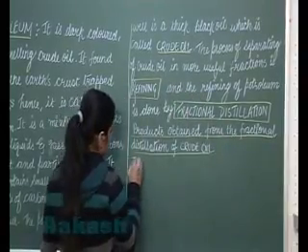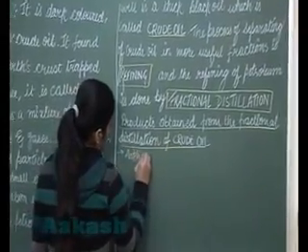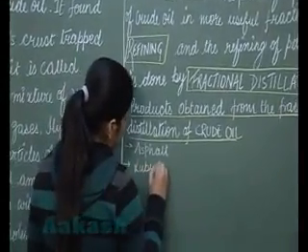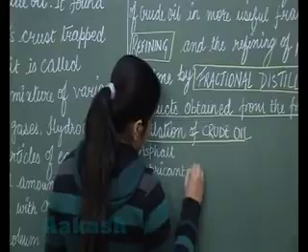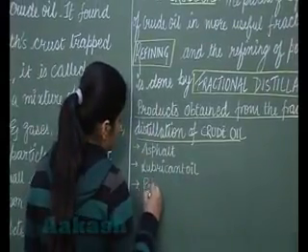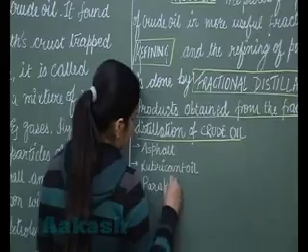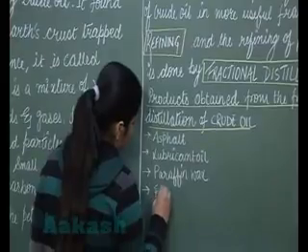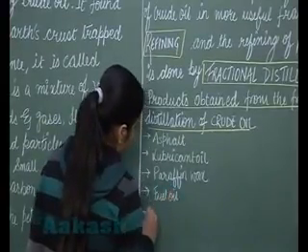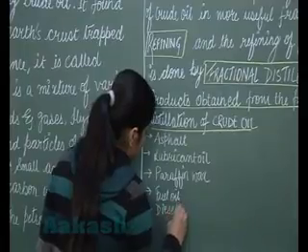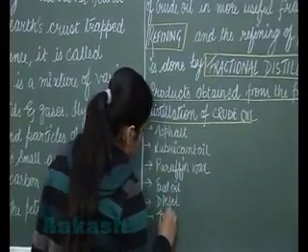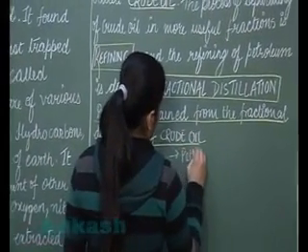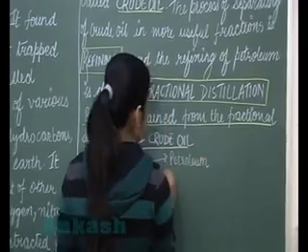Now student, these products are asphalt, lubricant oil, paraffin wax, fuel oil, diesel, kerosene, petrol, and petroleum gas.